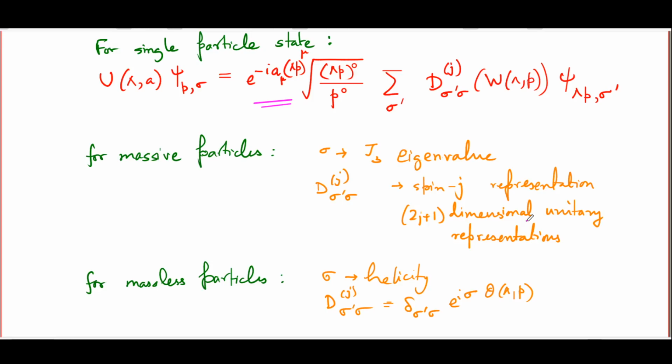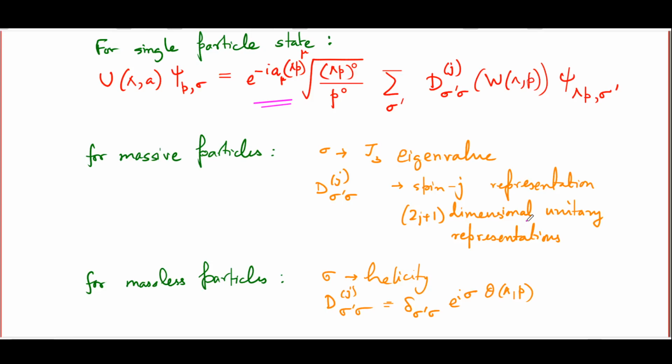Hence, what we really have is the following. All the 2J+1 different states corresponding to different sigma values for a spin J representation should be treated as states which describe the same particle. The particle, of course, will not change because somebody else is looking at it.